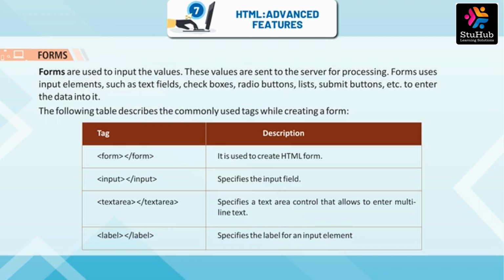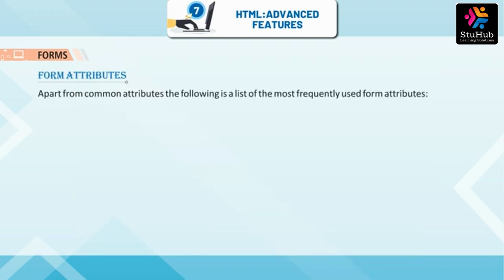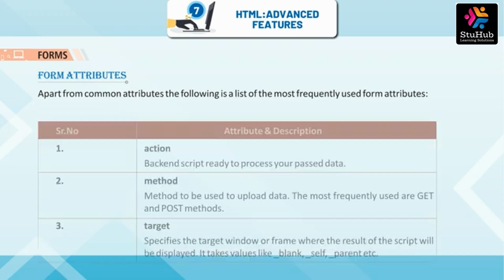Input tag specifies the input field. Textarea tag specifies a text area control that allows you to enter multi-line text. Label tag specifies the label for an input element. Code example.